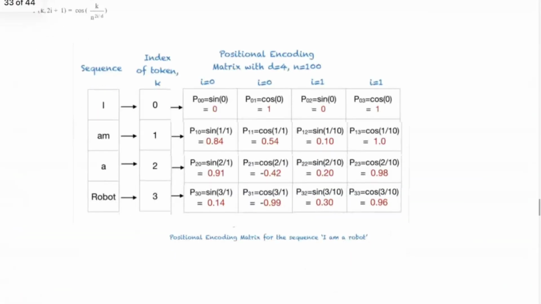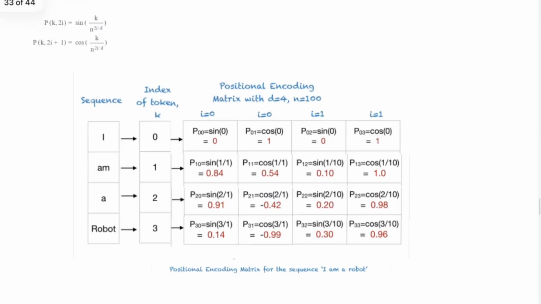So let us go through an example. Considering one example, suppose you are given the sentence "I am a robot". This is the same formula we have written in this manner. The 2i means the even position, and 2i plus 1 is the odd position.